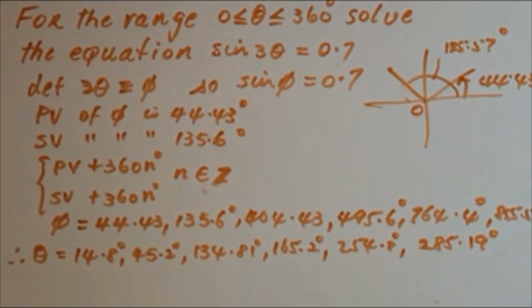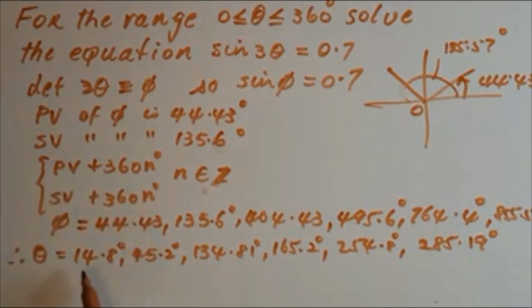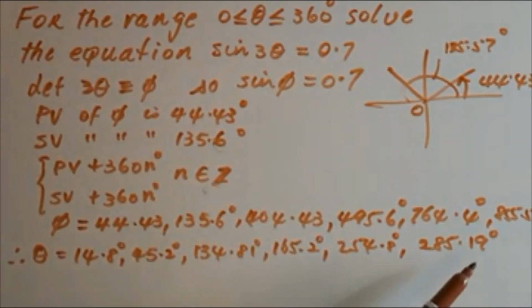I'll leave it as an exercise for you to check to see what values of n were used in this formula to calculate our values that lie within the range 0 to 360 degrees. It's a good idea to go through that and see where your limits are.